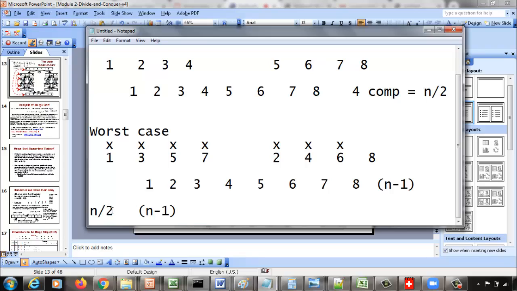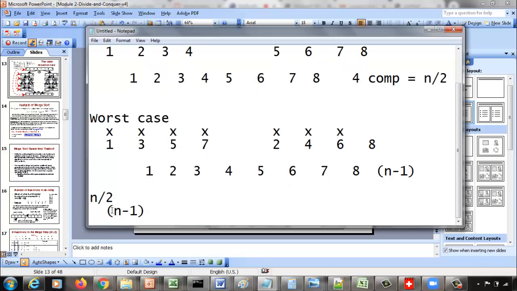So as n increases, n over 2 can be approximated to n. Even though it's half, it's still a function of n. It's not like a function of n square as n increases, right? So it still grows as a function of n. Now again, n minus 1, as n increases, the 1 can be discarded, and there's no coefficient for n, so it also grows as a function of n.